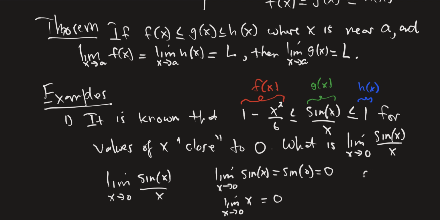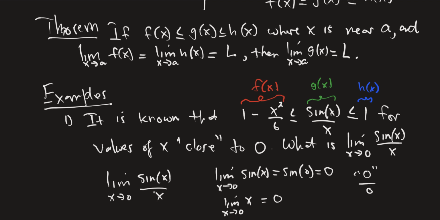So we would end up with a 0 over 0 form. But good luck trying to use any basic trick or technique from algebra or trig to simplify and reduce this, right? We can't cancel out the x's for sure.